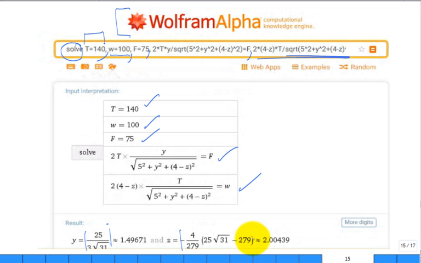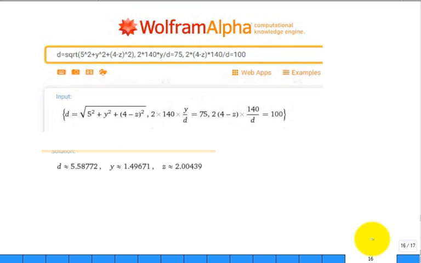Or Z, here it is, worked out to about 2. You don't have to use it that way in Wolfram. Here's another way I did, where I think I mistyped and solved for D, distance, instead of L. Anyway, you come up with Y of 1.49 and Z of 2.